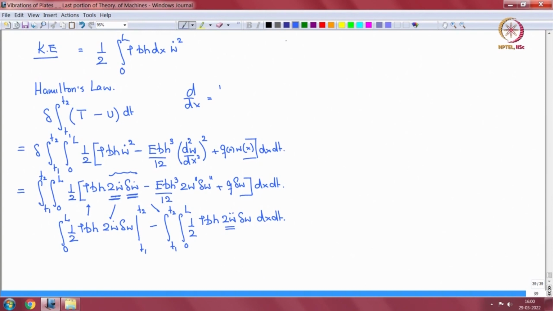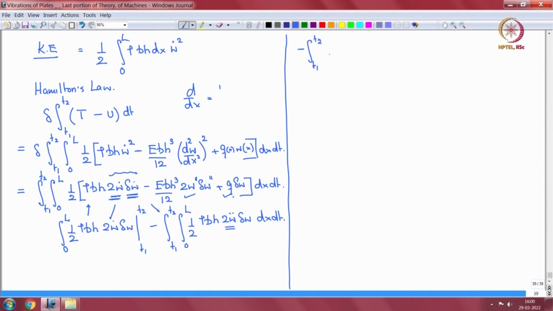Now the other terms. Other terms are this term and that term. With the second term, we have already a minus, so a minus integral T1 to T2.